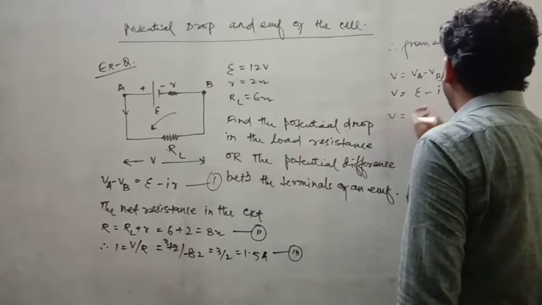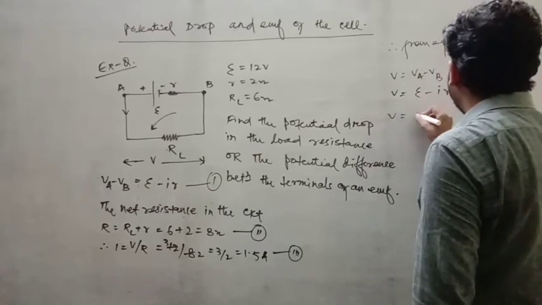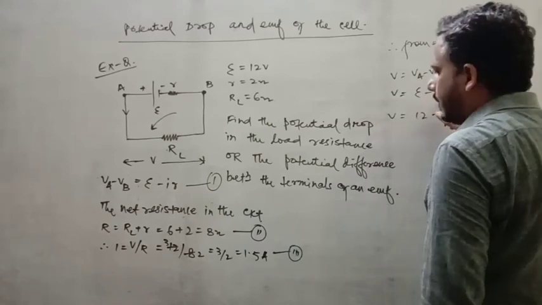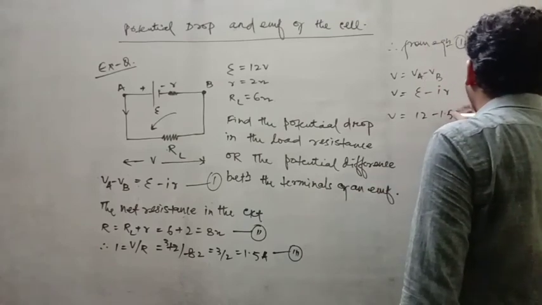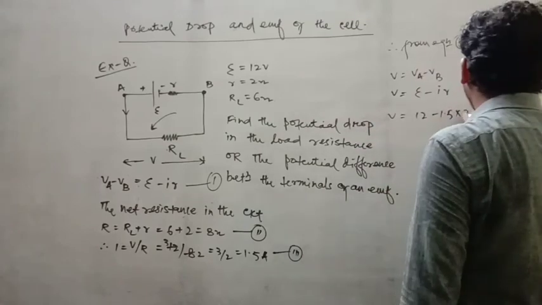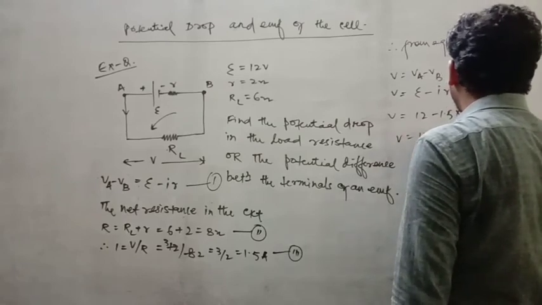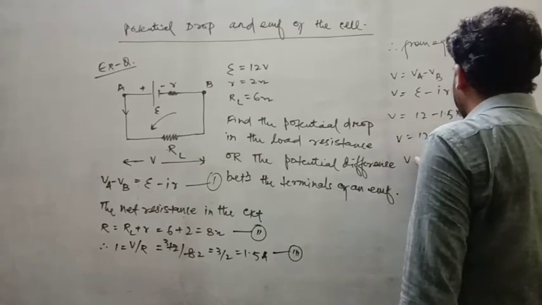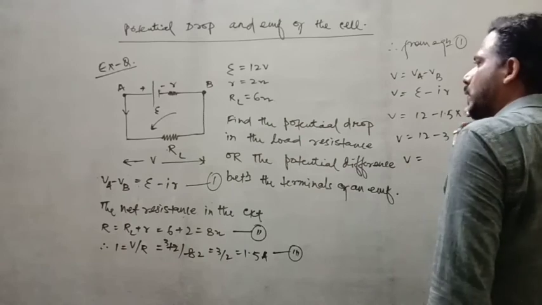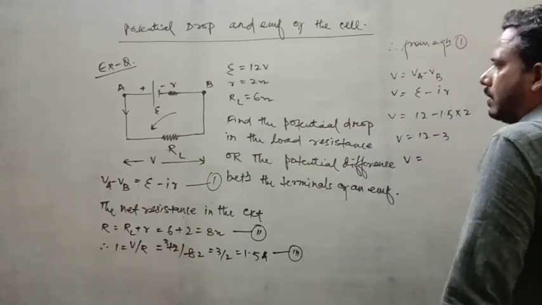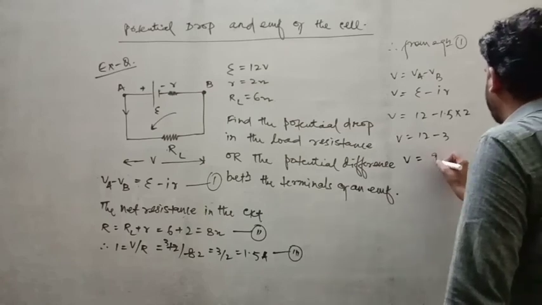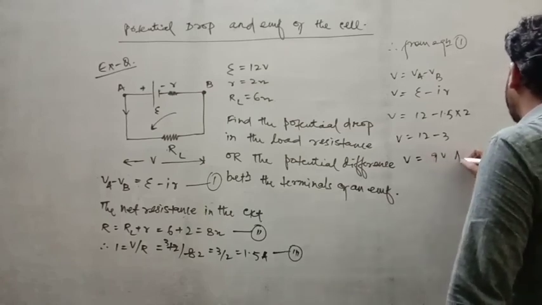Therefore the EMF of the cell is 12 minus the current from this equation, 1.5, times the internal resistance, 2. That means V is equal to 12 minus 3. So you see here that your terminal potential difference, that is the potential drop in this EMF, is 9 volt only, and this is your result.